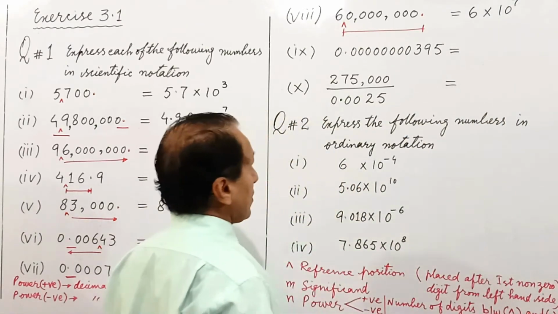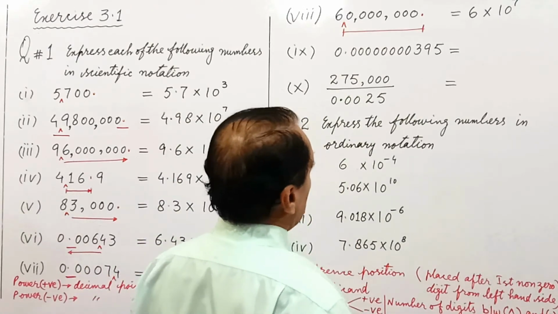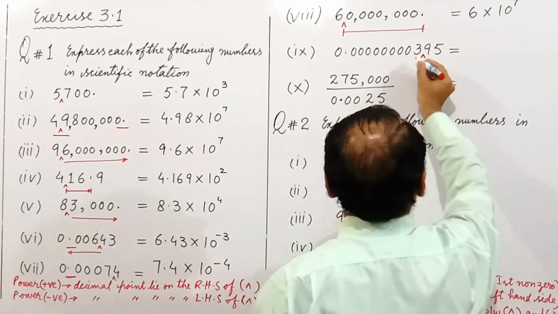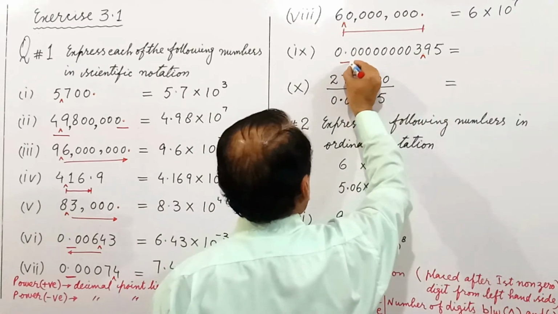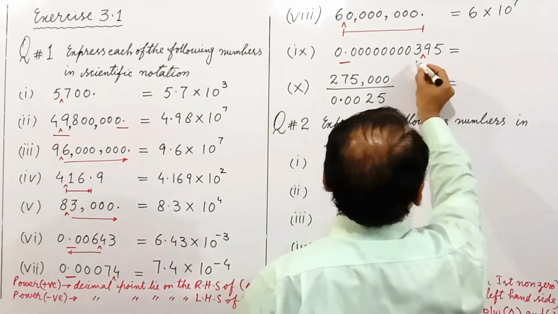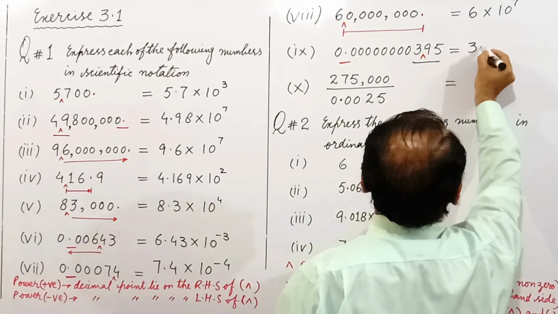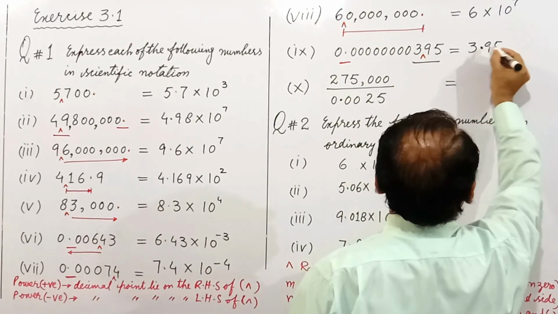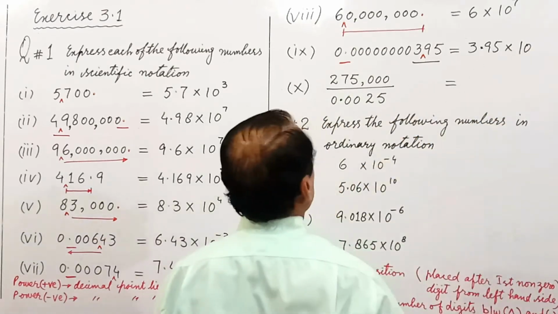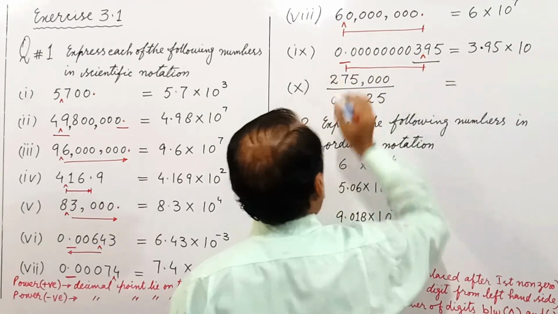Now we move to part number 9. The same phenomenon which we discussed in the previous parts. We place the reference position after the first non-zero digit from the left hand side, which is 3, and the originally located decimal point lies over here. So we write the significand, placing the decimal point in place of the reference position: 3.95 multiplied by 10 raised to power n, and n is determined by the number of digits between the reference position and decimal point.